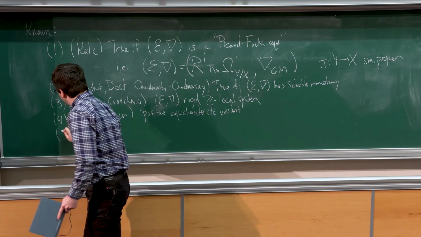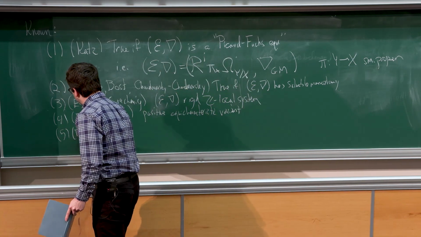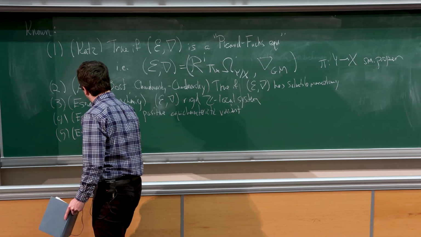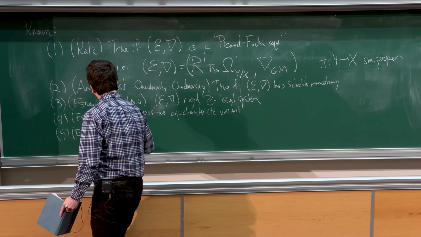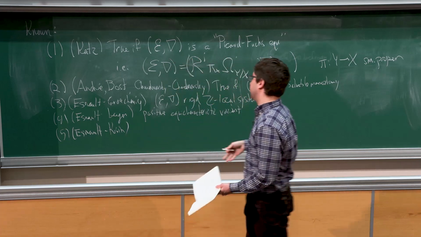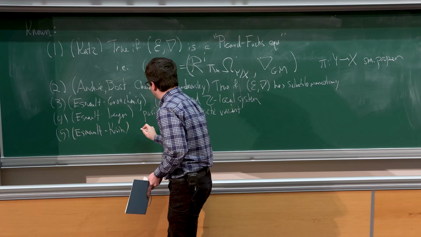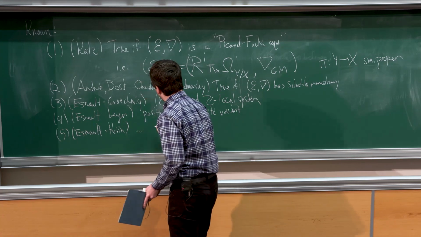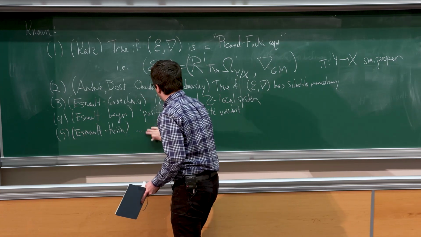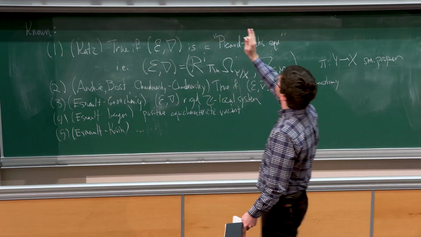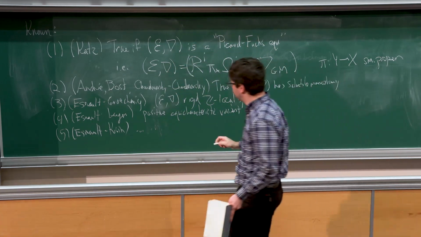And Esnault and Kisin, well, at least studied a version of the conjecture with a somewhat stronger hypothesis. So maybe I won't exactly state what they proved, but they studied a version of the conjecture where instead of having vanishing p-curvature, you have a D-module structure in characteristic p.